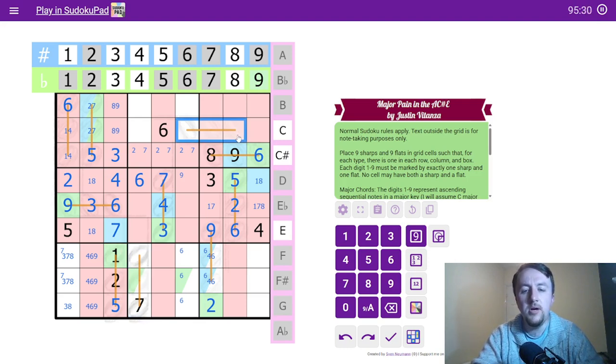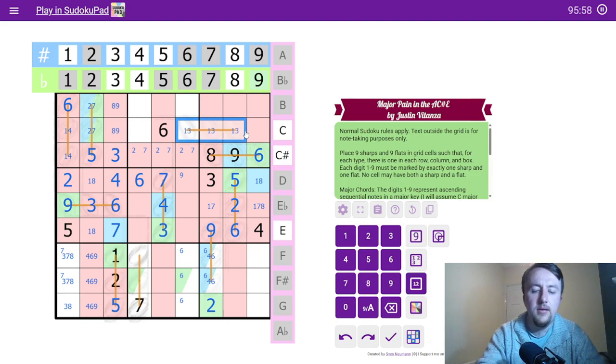C major requires a natural 5, either a natural 3 or a flat 4, and either a 1 or an 8, or a sharp 7, but not a sharp 7 because we've used that.